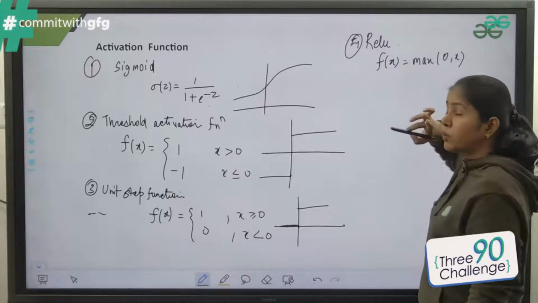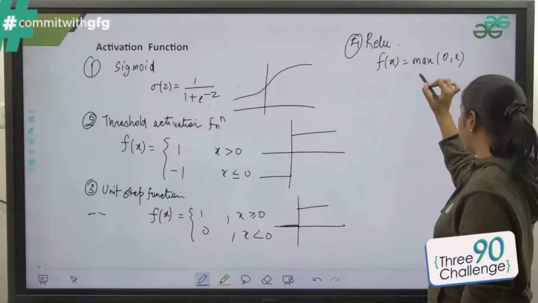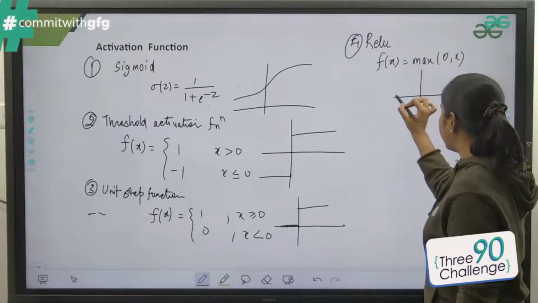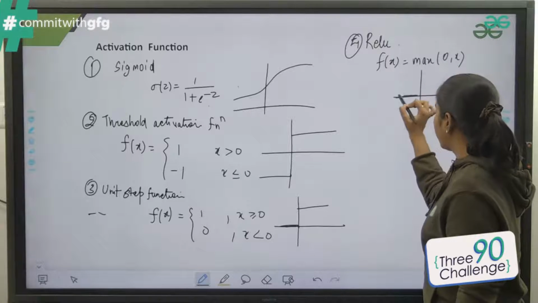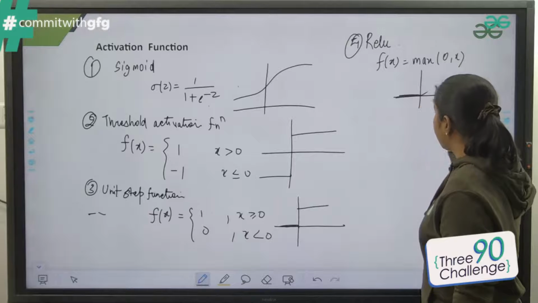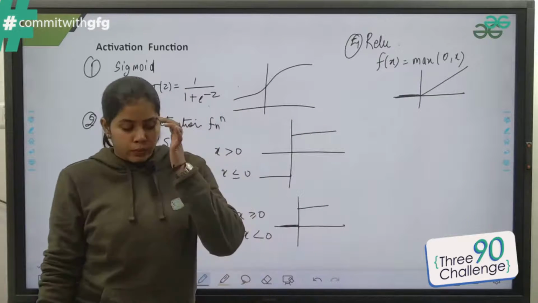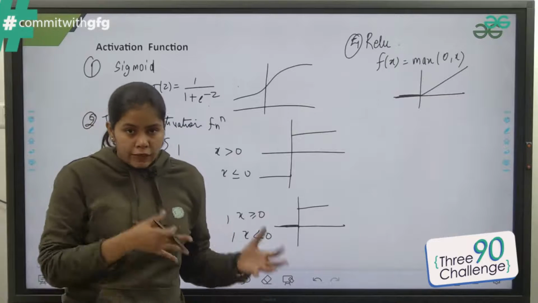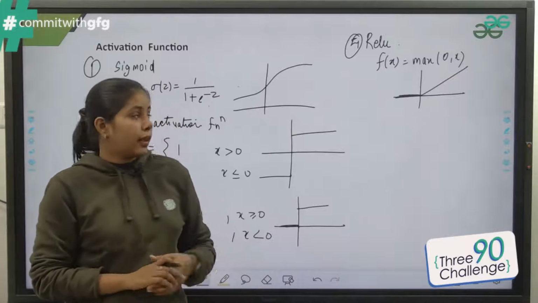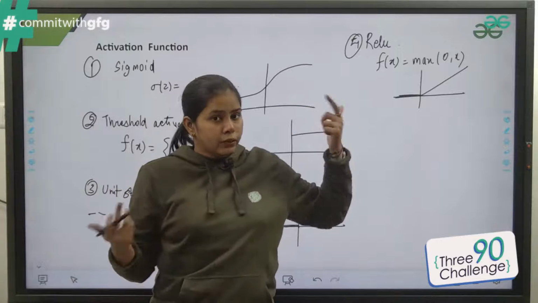That means it always gives me a positive result. The graph would be something like that. If I have a negative value, the maximum would be 0, otherwise the maximum would go like this. This is my ReLU, which we call the rectified linear unit.